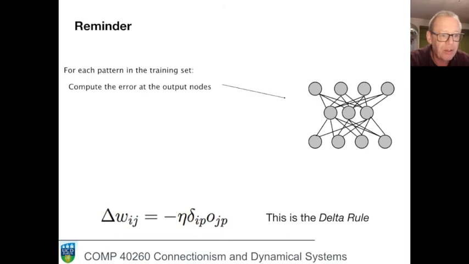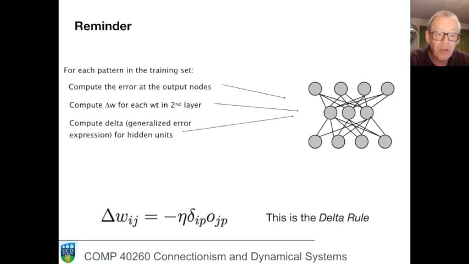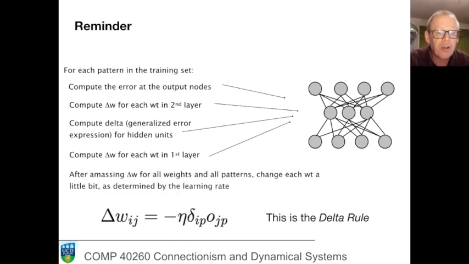For each pattern in the training set, compute the error at the output nodes, compute a suggested weight change for each weight in that layer between the hidden units and the output units, compute that generalized error expression for the hidden units, figure out the delta W for each weight between the input and the hidden units, and then after amassing all the suggested weight changes, and going through all the patterns, we apply the delta rule and actually change each weight just a little bit.